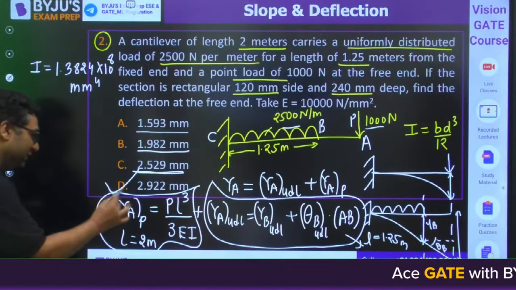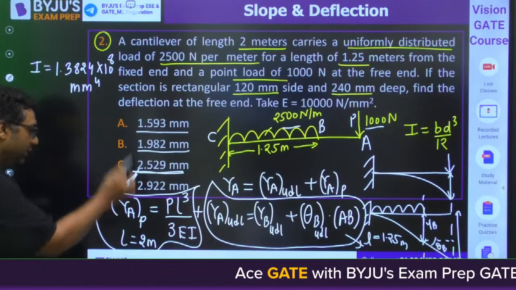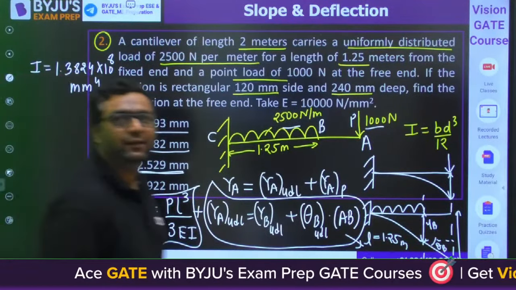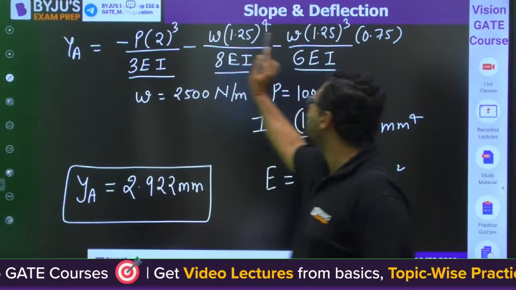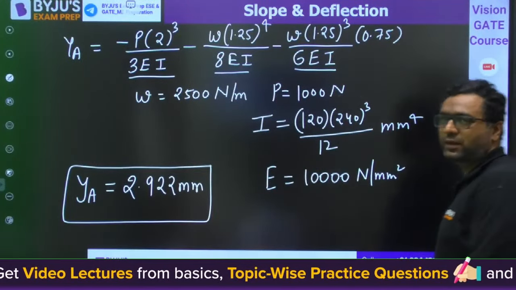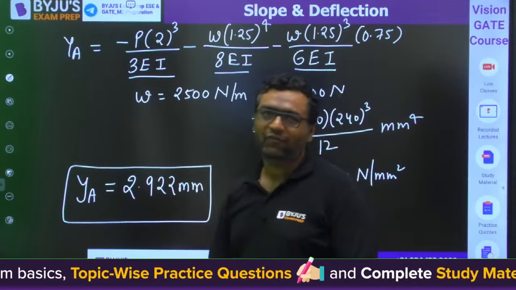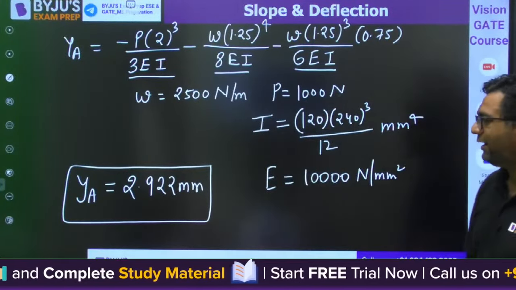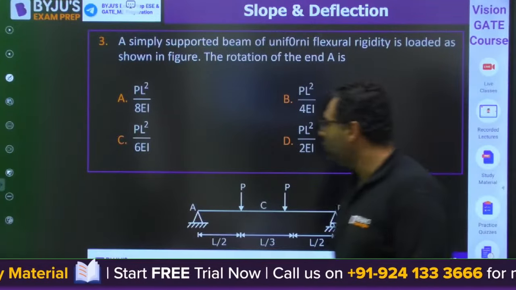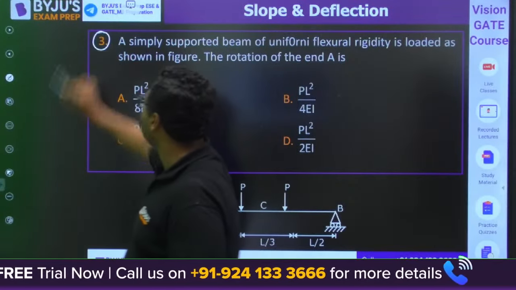But the correct answer is D. If you add all the components with minus signs, you will get the right answer. If anybody does not get it, please tell me. But this is the right answer, 2.922 mm. Moving to the next question, question number 3.